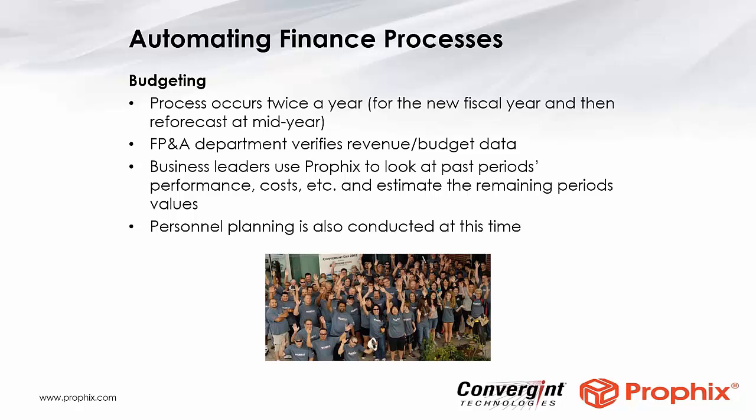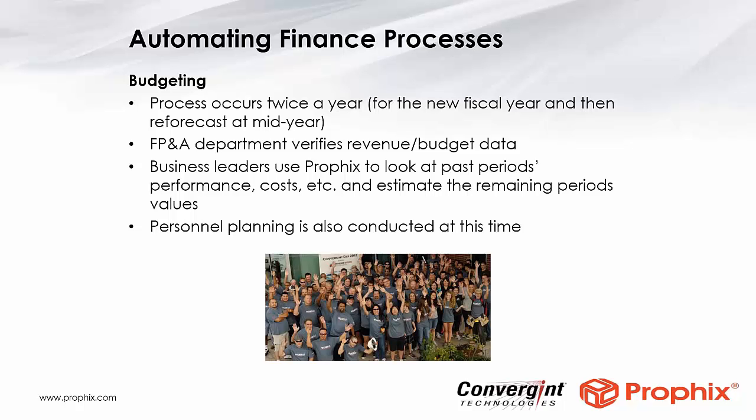Our financial planning and analysis department verifies the revenue and budget data inside of Profix, and then the business leaders use it to look at their past periods, performance, costs, et cetera, to estimate the new sets of data. And we did like the capabilities inside of Profix, as Tommy demonstrated, to do some of those custom spreading. We didn't see the capability to do that in some of the other tools that we analyzed.